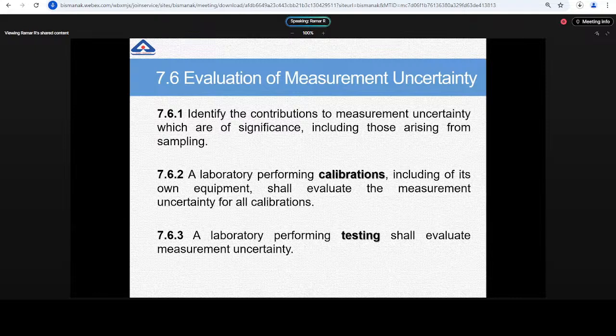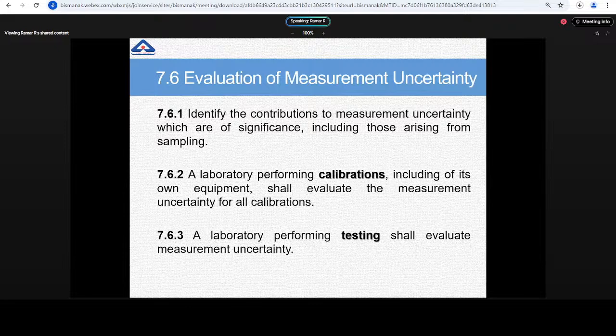When we are evaluating the measurement uncertainty for our test results, we have to consider what factors are contributing towards the uncertainty. It may be equipment calibration, or instrument, or small glasswares, or reagents, or the reference materials, or the environmental conditions. Like that, there are so many activities. They are responsible for the variation in the uncertainty.